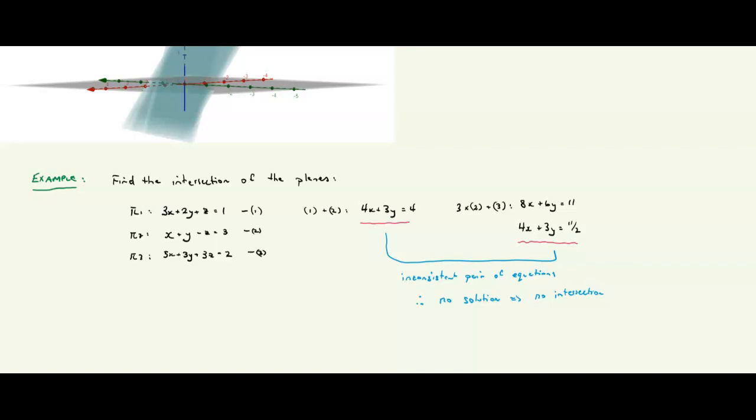So just to highlight that we have an inconsistent pair of equations. The point here is that we have 4x plus 3y equals 4 and equals 11 over 2. So clearly if we solved here, we would get 0 equals 3 over 2 or something like that.